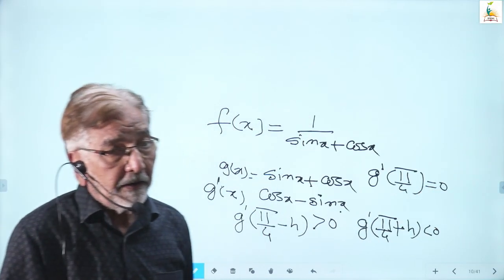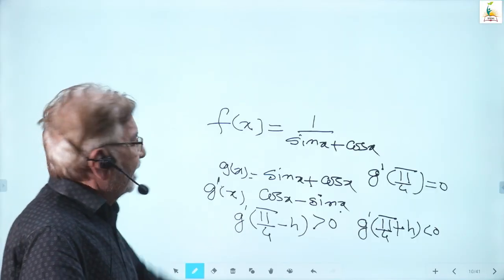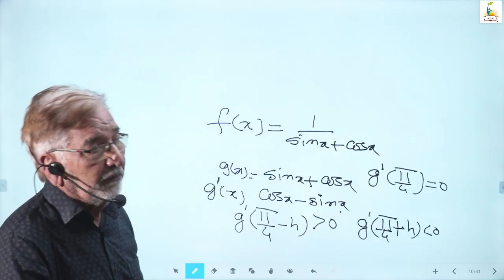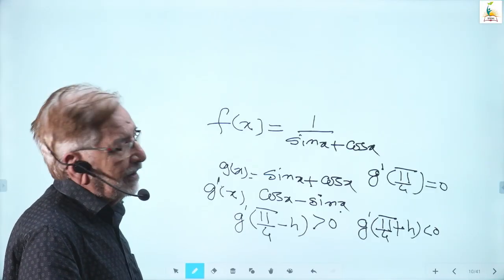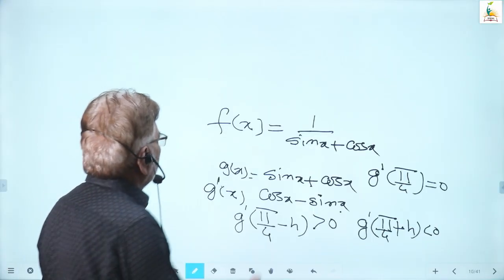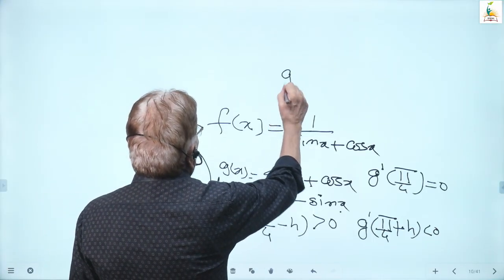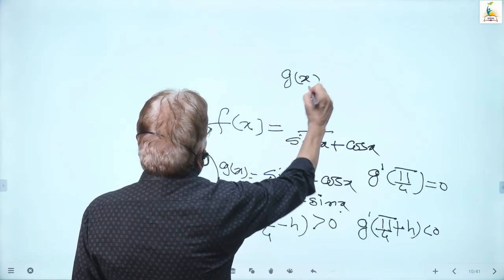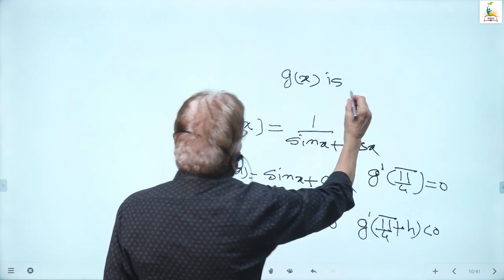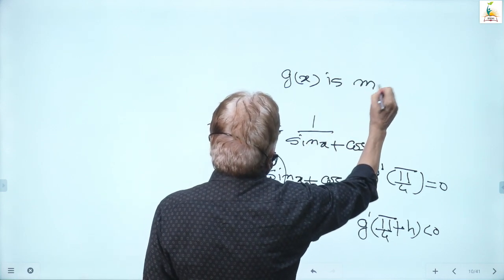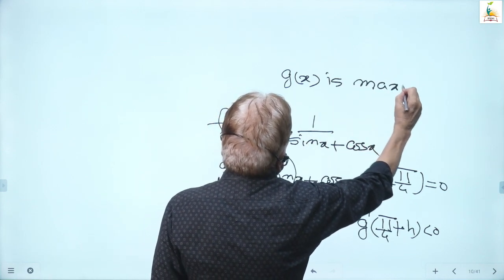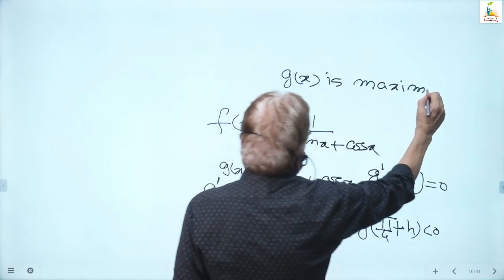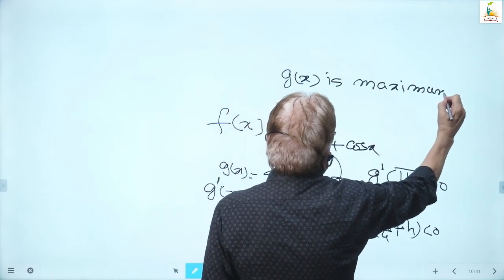So what we see, g(x) is maximum at x equal to pi by 4.